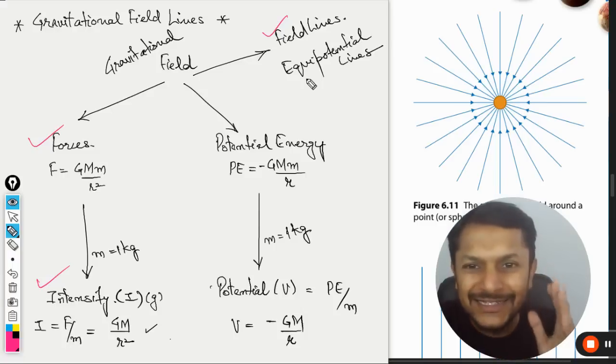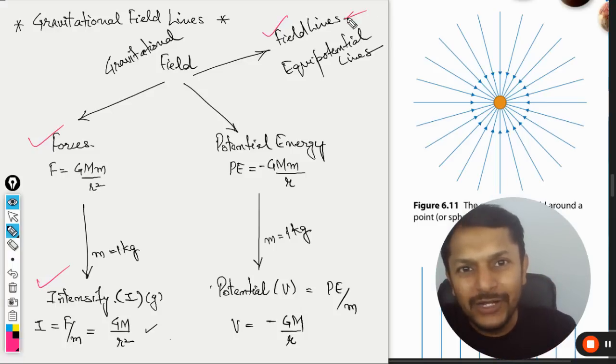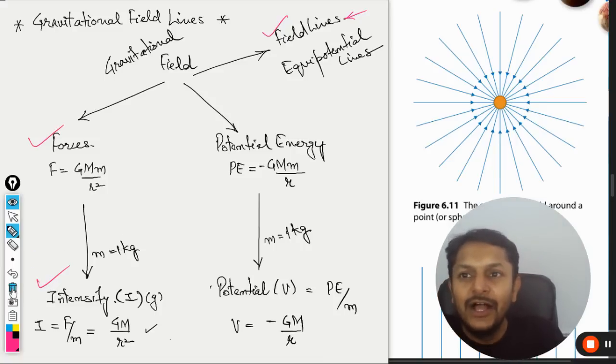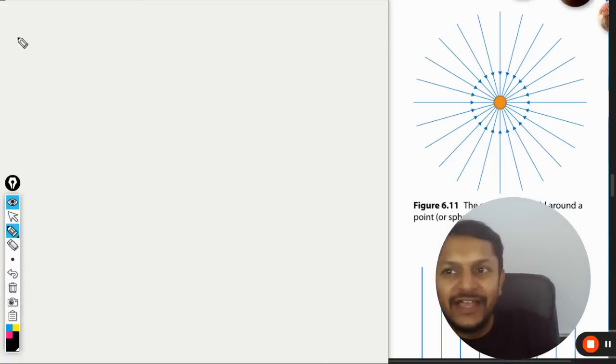Okay, so let us now talk in terms of what are electric field lines, gravitational field lines. Now, what is a gravitational field line?